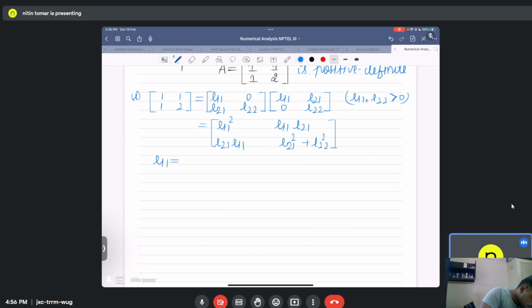It is going to be 1, right? Then what is the value of L21? It is also 1. Now L21 square plus L22 square gives you 2. So what should be the value of L22? It should be 1. Yes, 1.